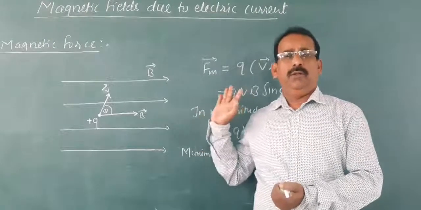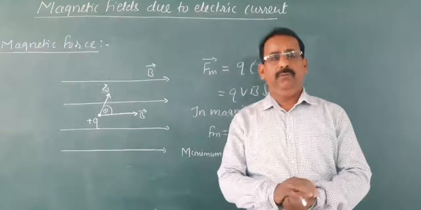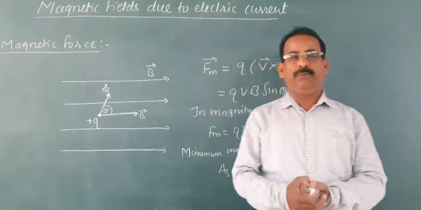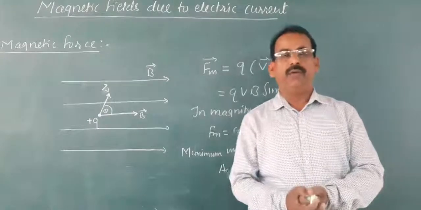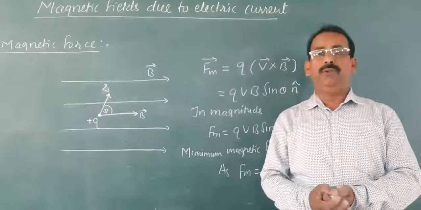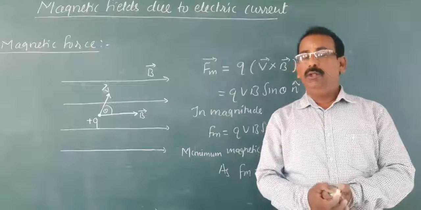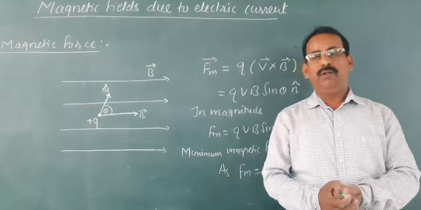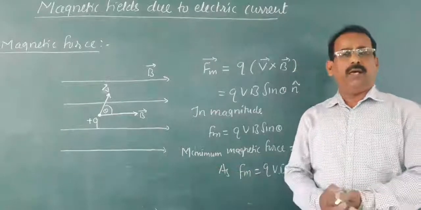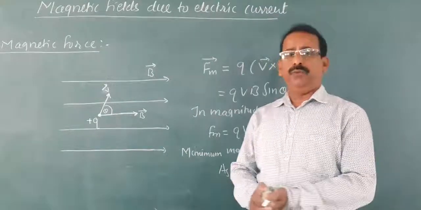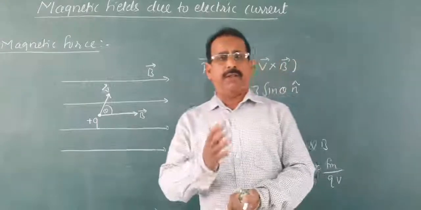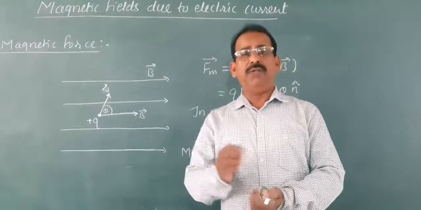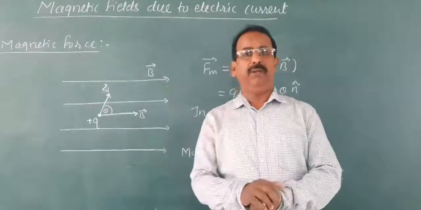Here, you will find that there is no work done by this magnetic force on electric charge, as the angle between magnetic force and displacement vector is equal to 90 degrees. As there is no work done by magnetic force on electric charge, the magnitude of velocity, meaning the speed of the electric charge, remains the same in magnetic field.